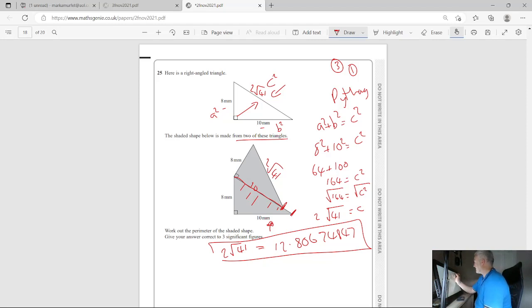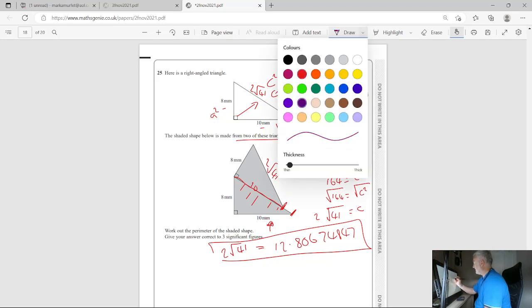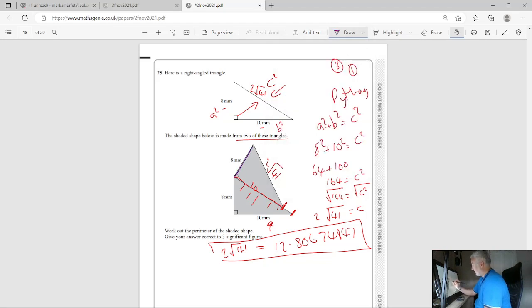Because let's draw the perimeter on. We've got 8 plus 8 plus 10 plus that bit, which is 2 surd 41, plus that bit there. So I need to find that bit there. That's the difficult part, if you like.